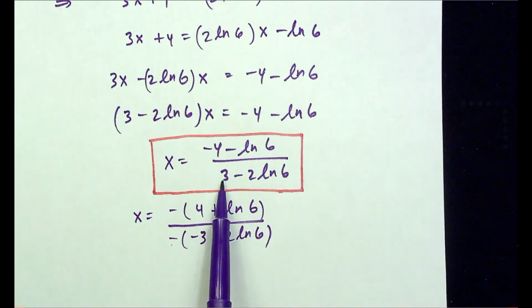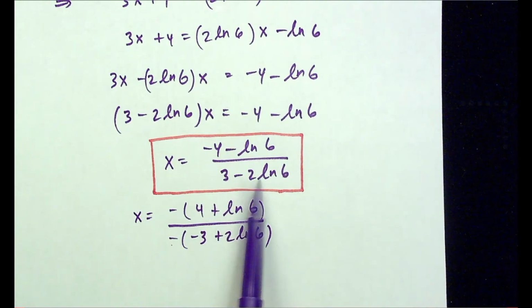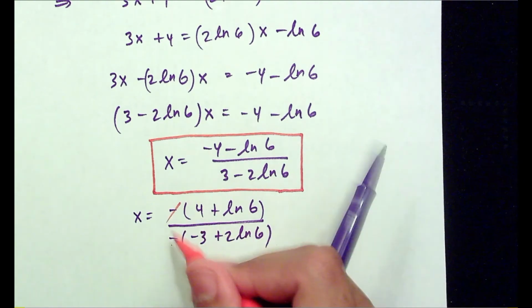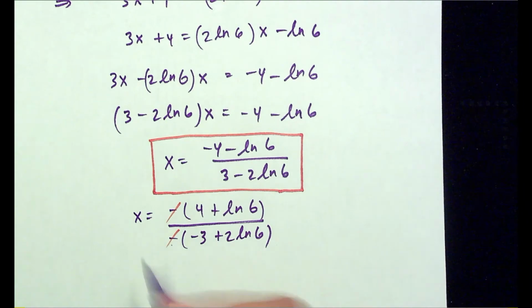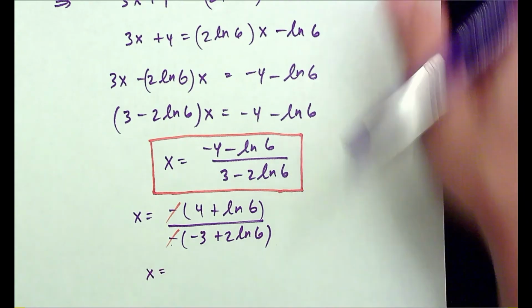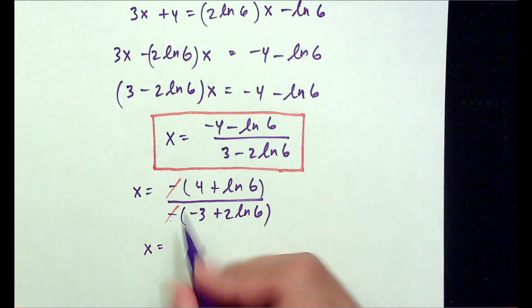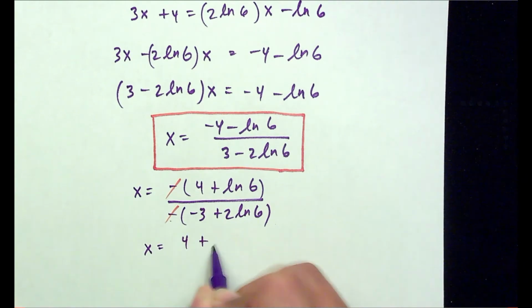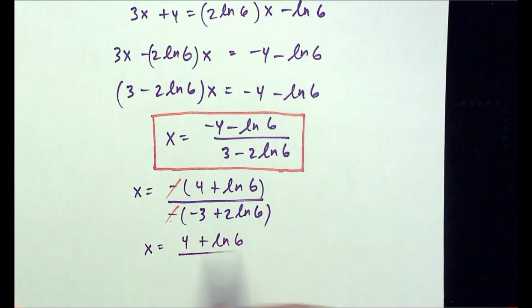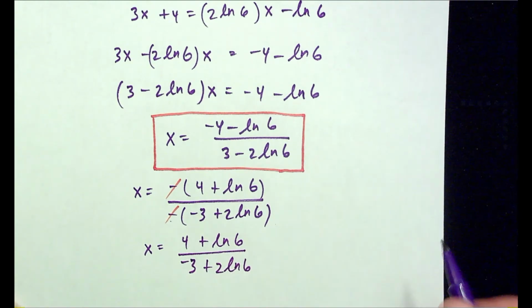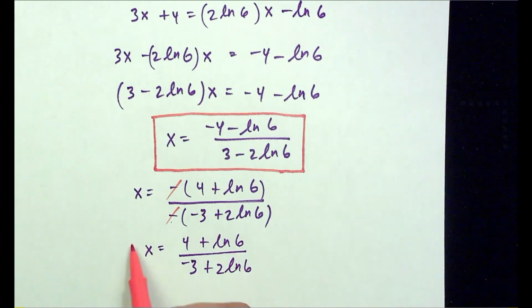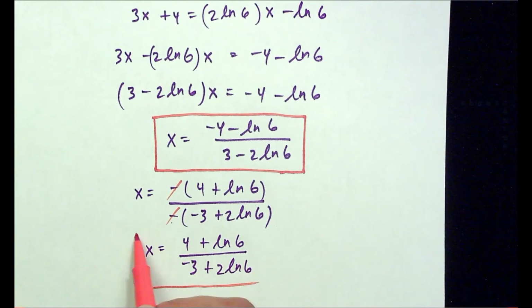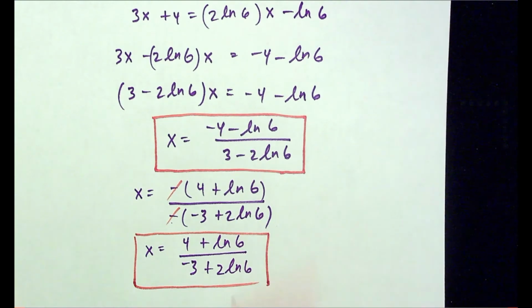Negative and negative gives you positive 3. Negative and positive gives you negative. And then you could cancel those negatives. And that's a little bit better because there are fewer negative signs. Okay, and you can write it like this. And that looks slightly better. Okay, but both are correct.